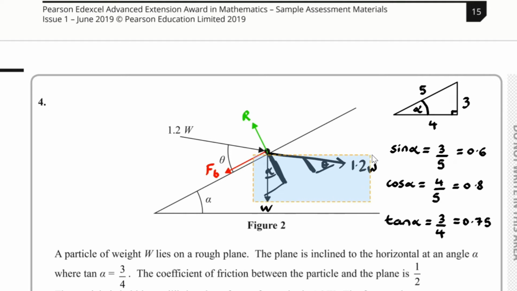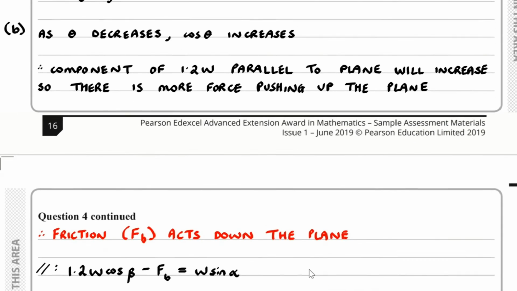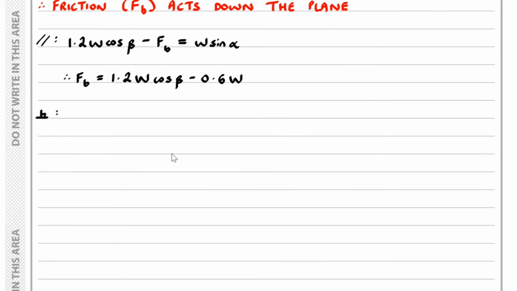And so if I resolve perpendicular to the plane, we have the reaction R equaling W cos alpha plus 1.2 W sine beta.